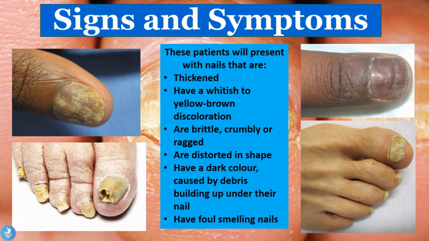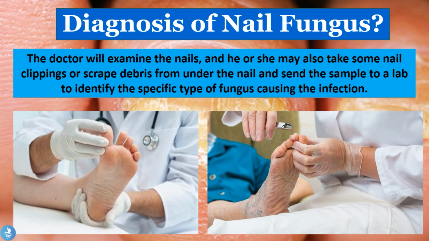The diagnosis of nail fungus. So the doctor will examine the nails, and then he or she may also take some nail clippings or scrape debris from under the nail and send a sample off to a lab to identify the specific type of fungus which causes the infection.